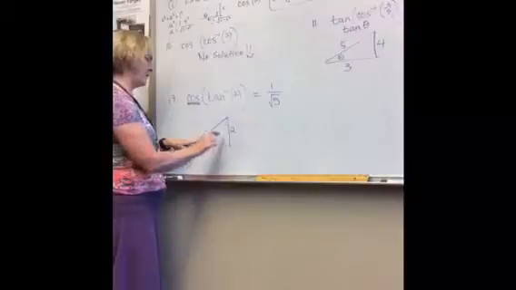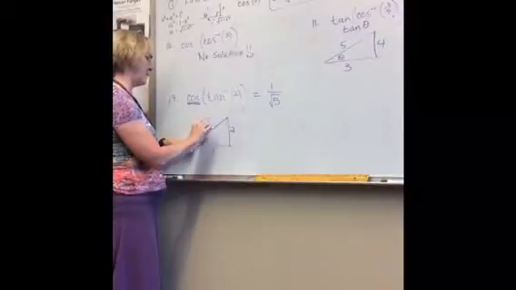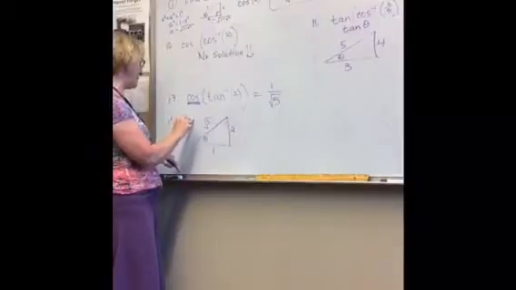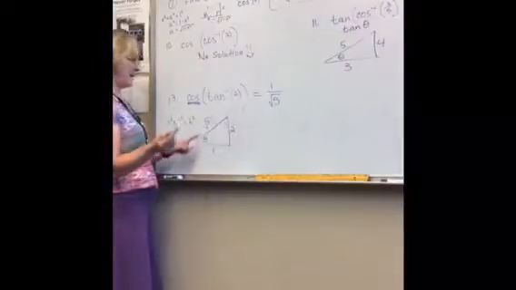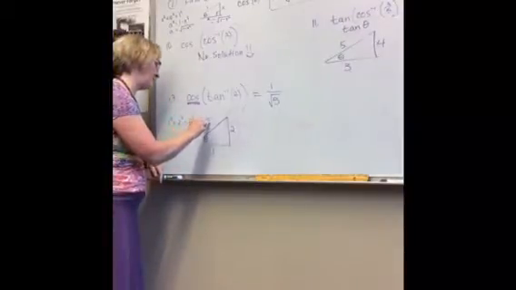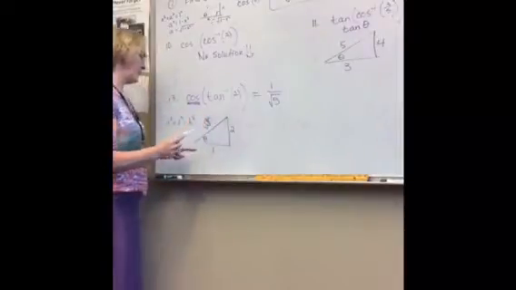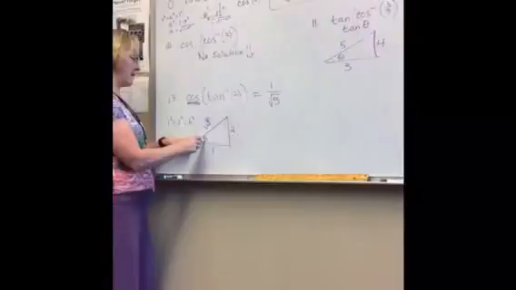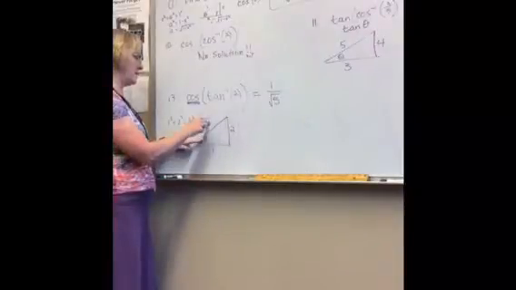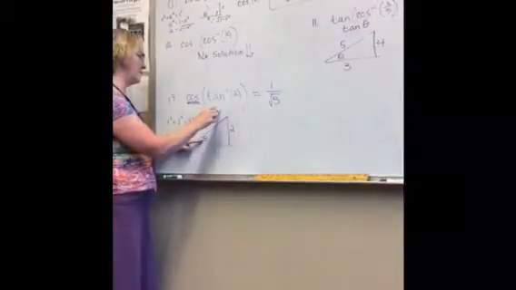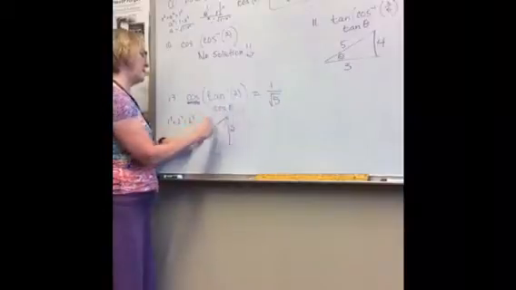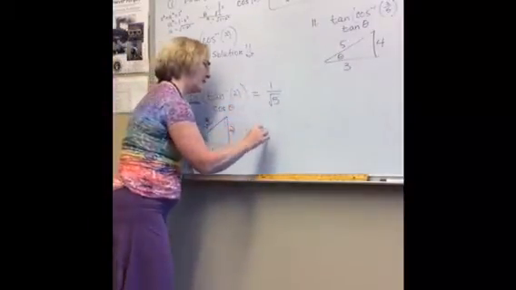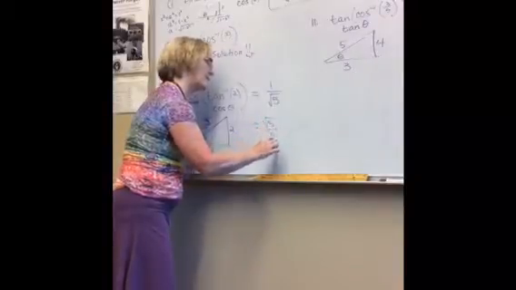Using the Pythagorean theorem, we get that this is the square root of 5: 1 squared plus 2 squared equals the hypotenuse squared, so that's 5, square root of 5 for this. And now we're taking the cosine of that angle. The cosine of that angle is adjacent over the hypotenuse. Let me put cosine of theta here: 1 over the square root of 5, or if you want to rationalize it, it's the square root of 5 over 5.